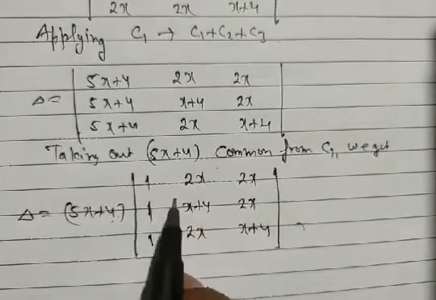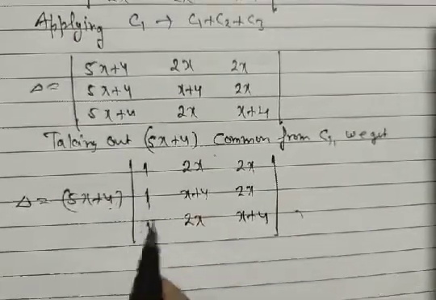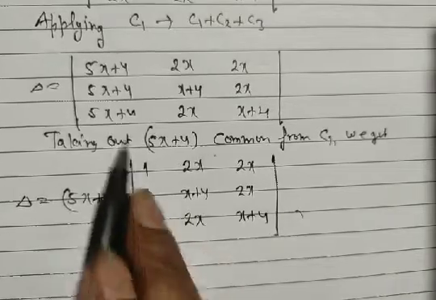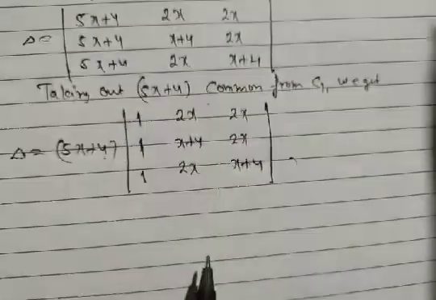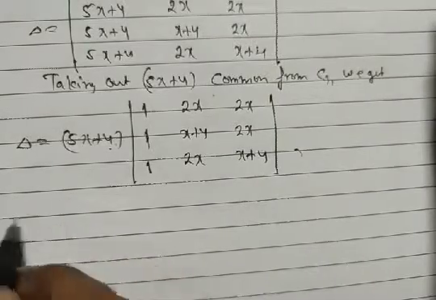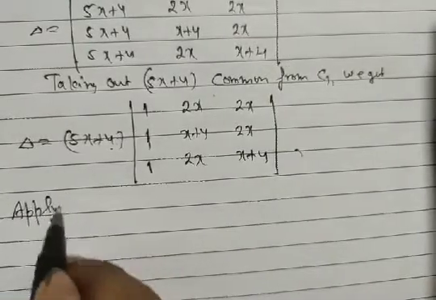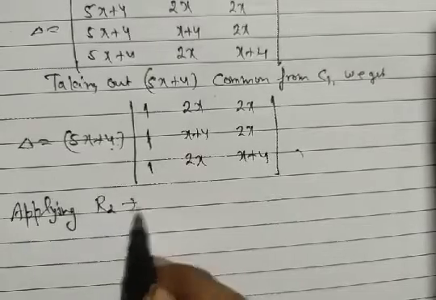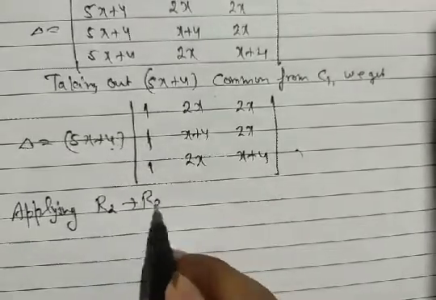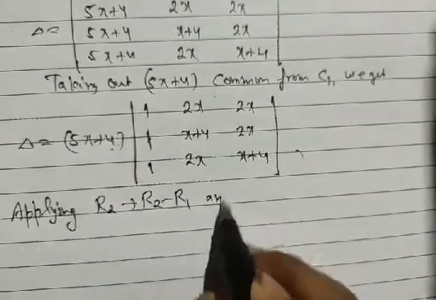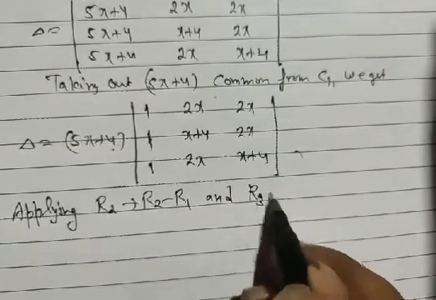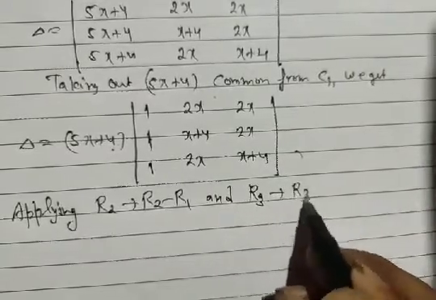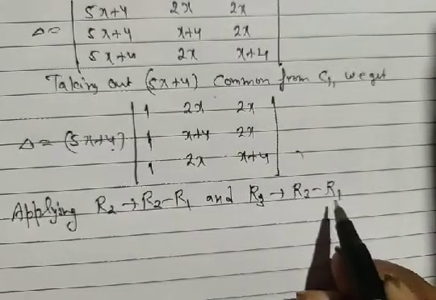Then again we have to make any two of them 0, and then we are going to expand along C1. Again we are going to apply operations. We change R2 to R2 minus R1, and also change R3 to R3 minus R1.